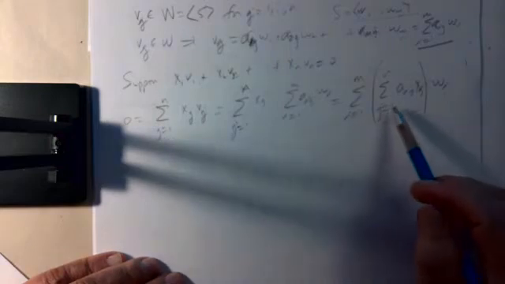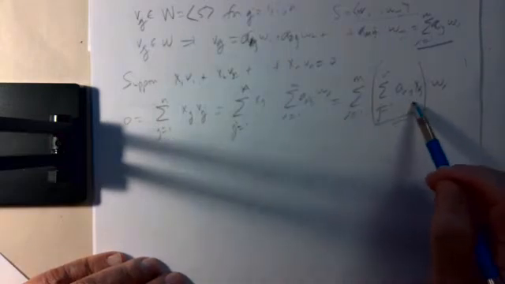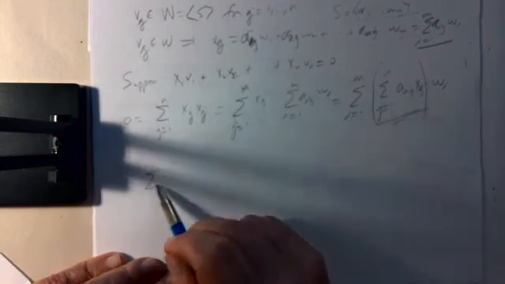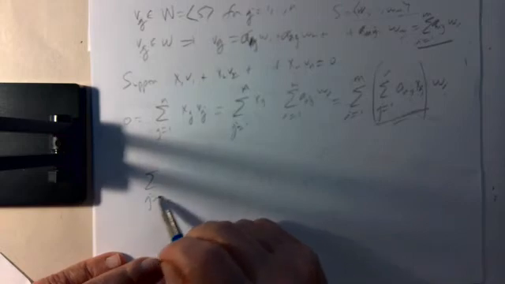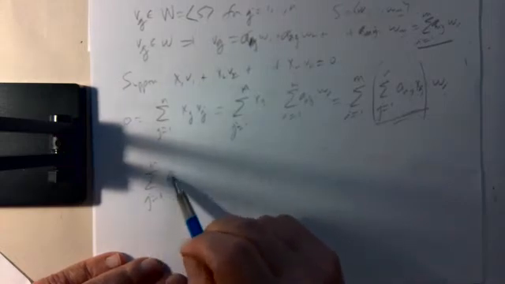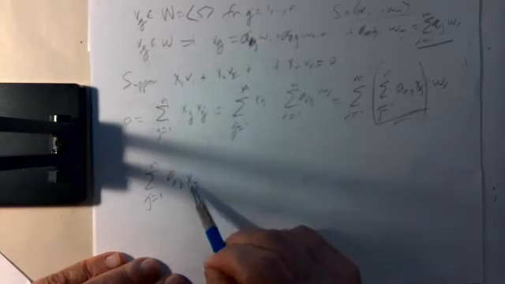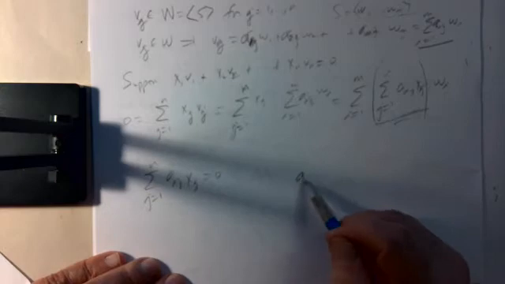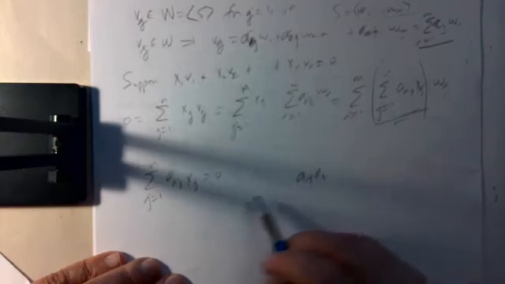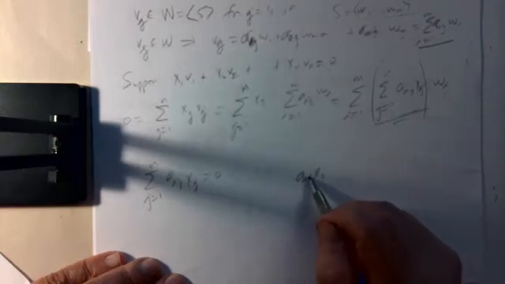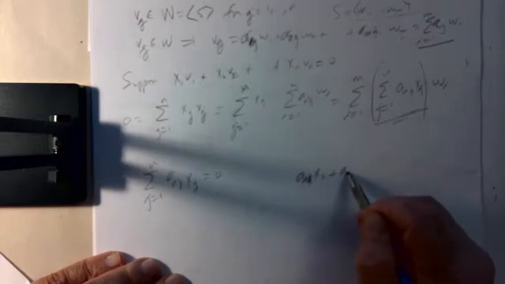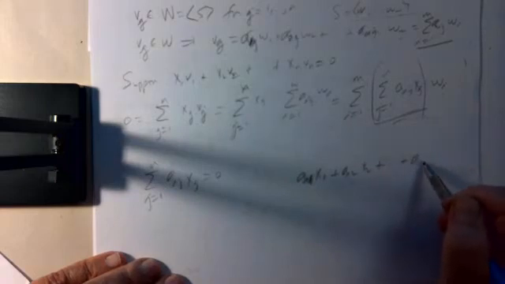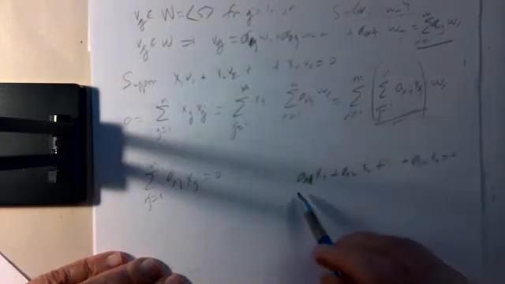So I get the 0 vector here if each of these coefficients is 0. But setting each of these equal to 0, if I write the summation, j goes from 1 up to n, Aij xj equals 0, this is just a linear equation. It's Ai1 x1 plus Ai2 x2 up to Ain xn equals 0.